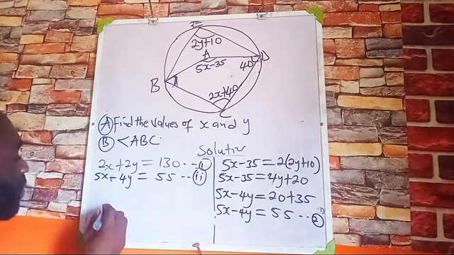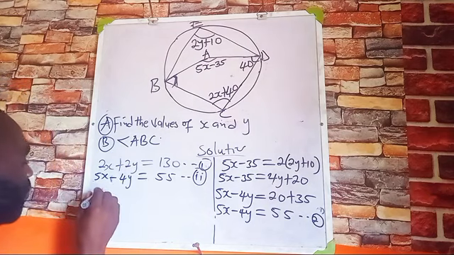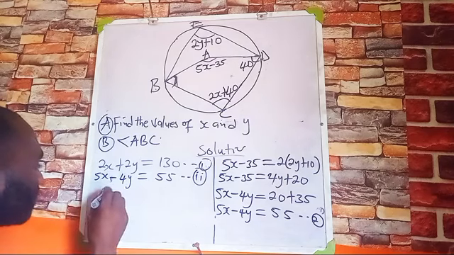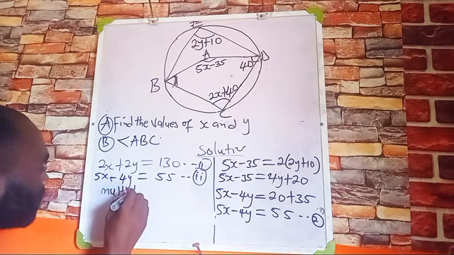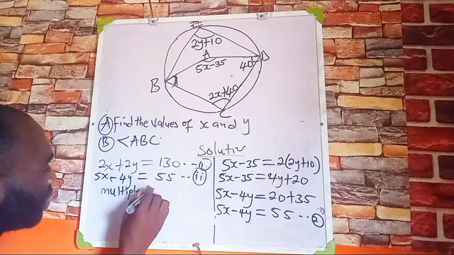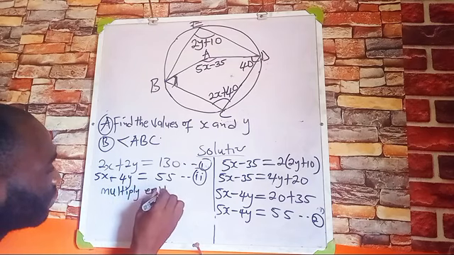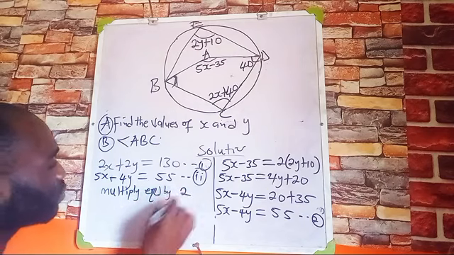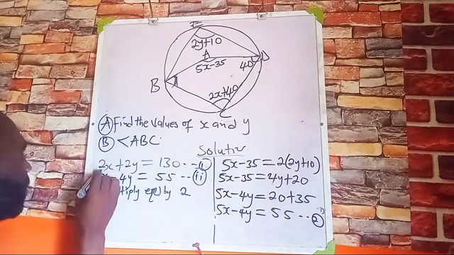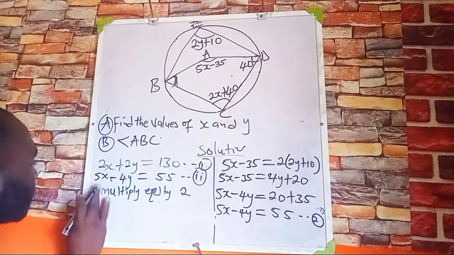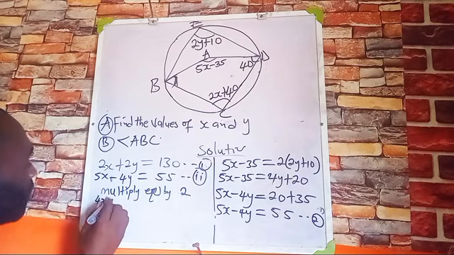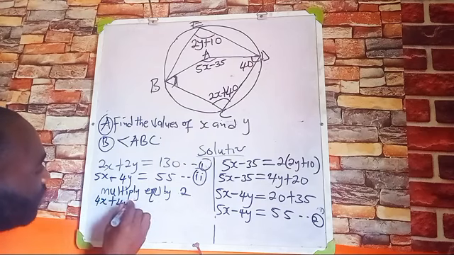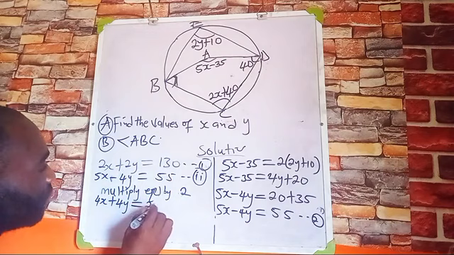Multiplying equation 1 by 2, we have 2 times 2x, which gives us 4x, plus 2 times 2y, that is 4y, is equal to 2 times 130, which gives us 260.